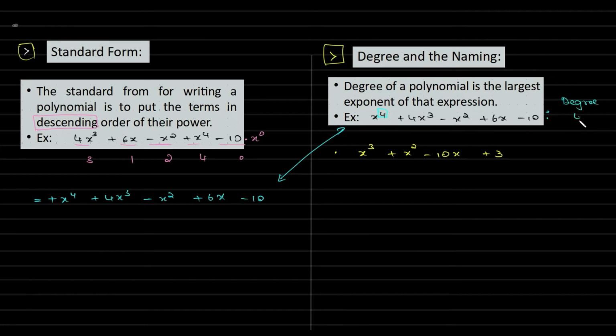In the next example, it's already in standard form, right? 3, 2, 1 and 0, x to the power of 0. So it's already in standard form, and the degree is the highest power, that is 3. Degree is 3.